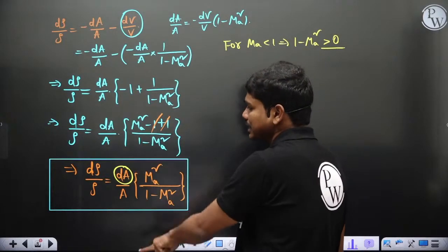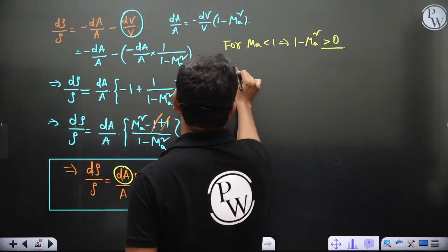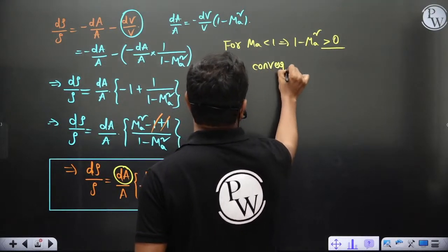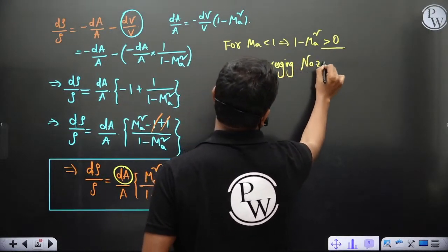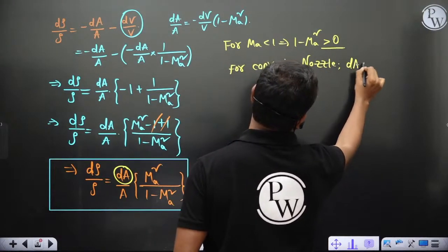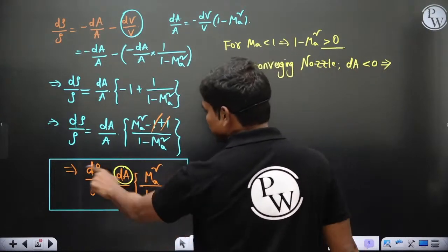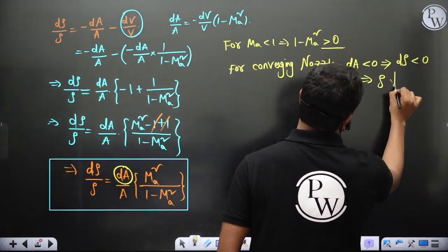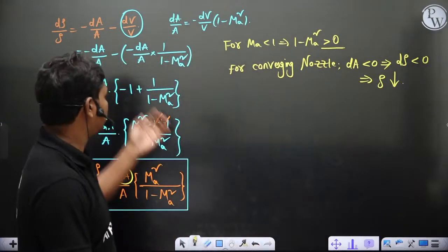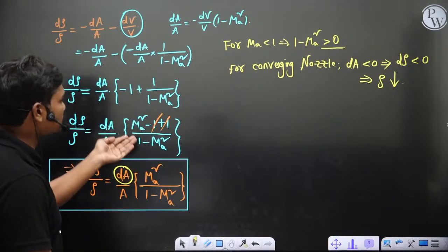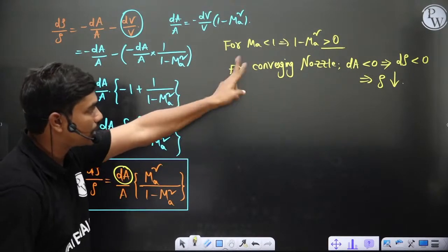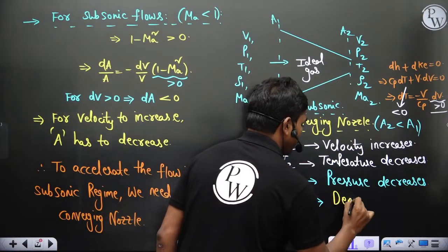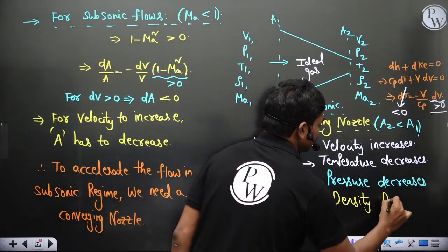If dA is decreasing, means in case of converging nozzle, if dA is negative, then definitely these two should have same signs, so d rho should also be negative. Okay, so this gives you density decreases actually. See, simple bit of 2-3 steps, but if you do analysis, you will see rho actually decreases, so density decreases.